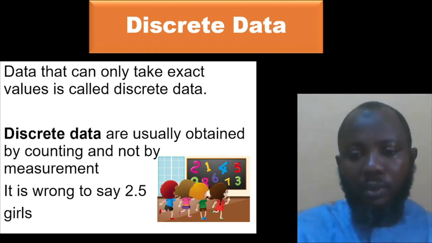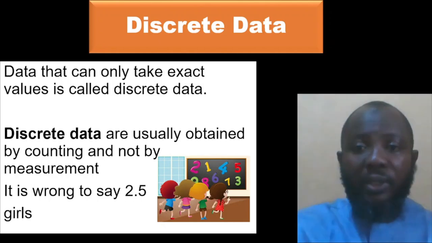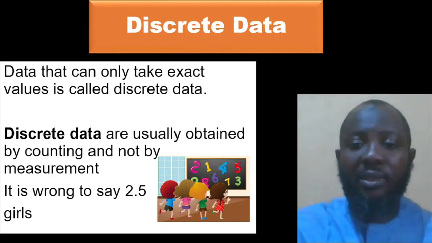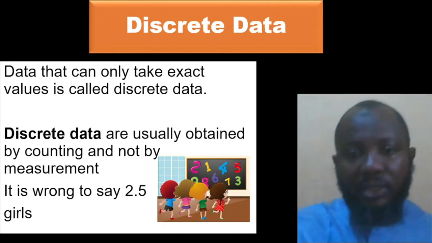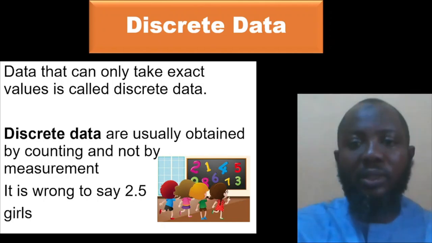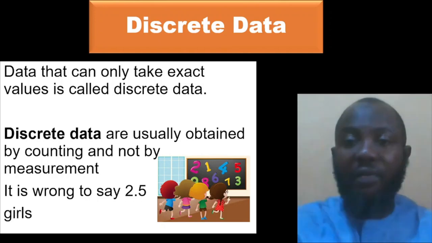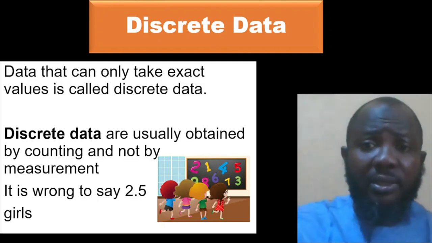Is it possible? So you can say this is not possible. In that case, the number of boys in a class or the number of girls in a class refers to discrete data. It is quantitative and also discrete because we cannot have a decimal attached to it. It can't be fractionalized.